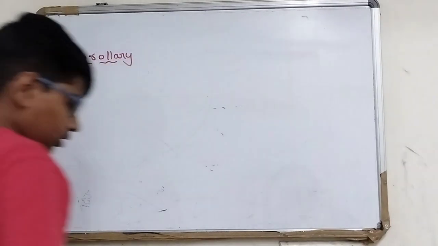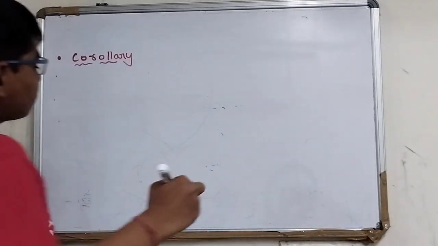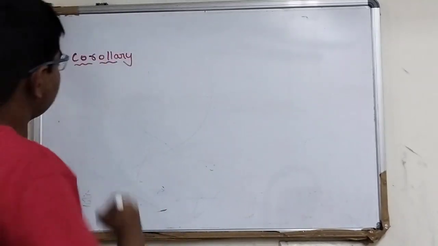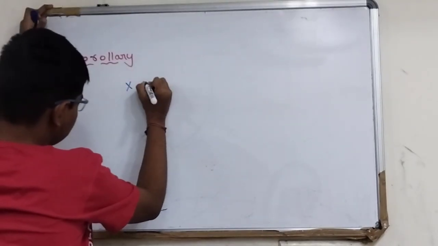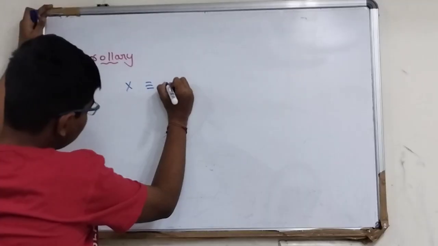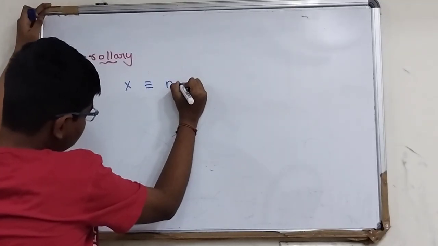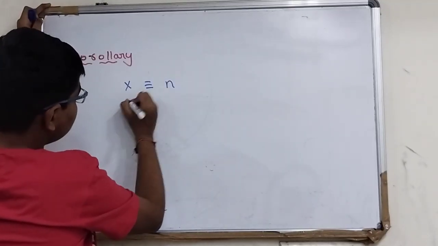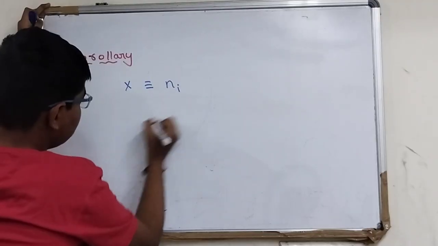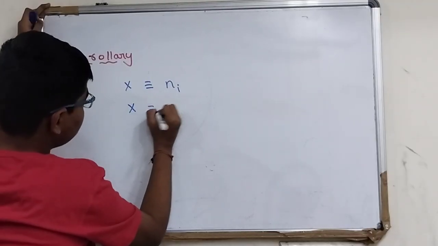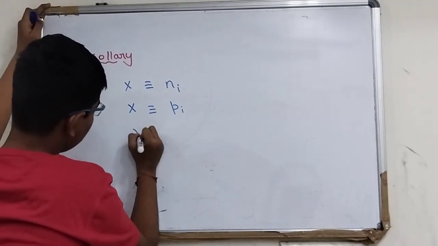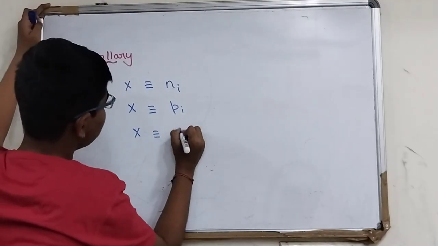What is the corollary I have given? According to me, if you take CRT in the form x congruent to n initial, x congruent to p initial, x congruent to m initial, mod the same number.